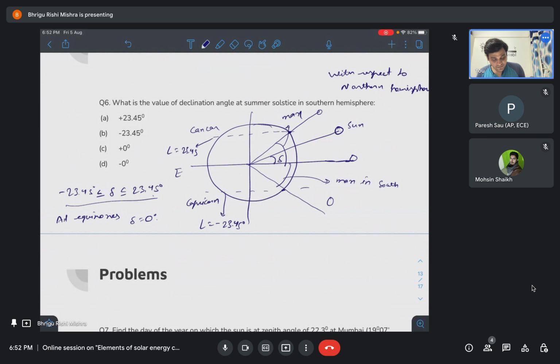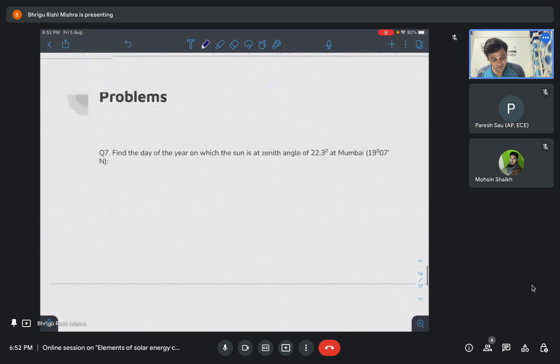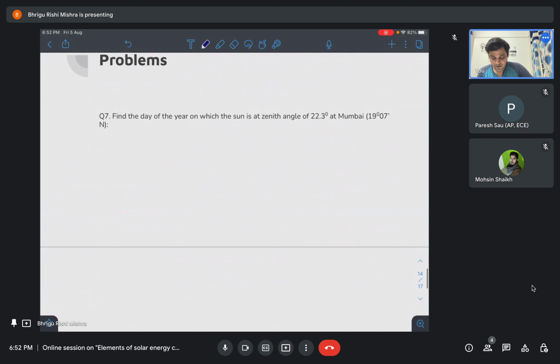At this position, delta is minimum, minus 23.45 degree. So the correct answer is option B, minus 23.45 degree. This is the declination angle at summer solstice in the southern hemisphere. This is the last question of this session.